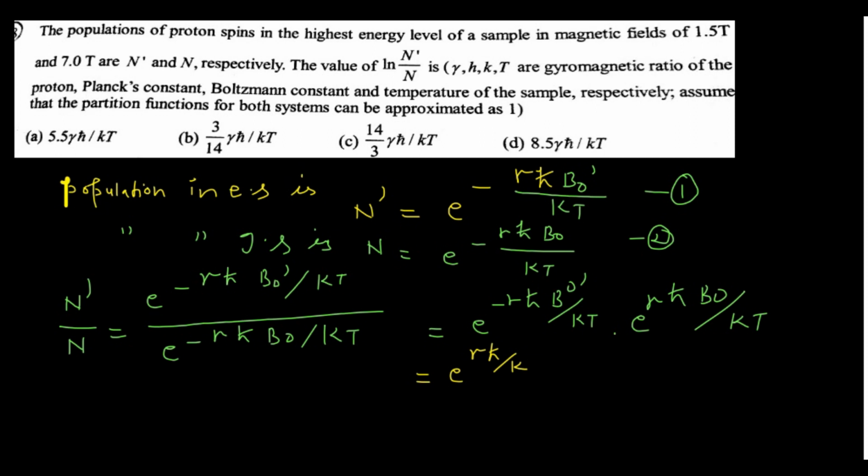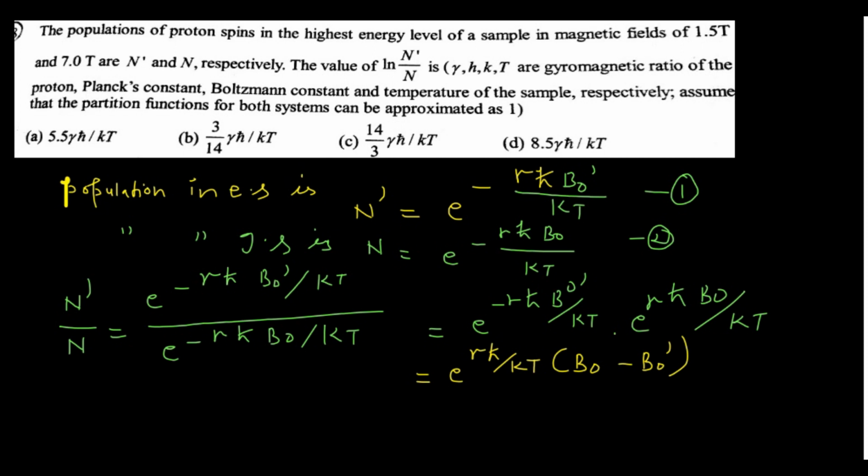This is kT. So what we have done, we have taken the B0 first here, and you know this is a negative sign, so negative B0 dash.